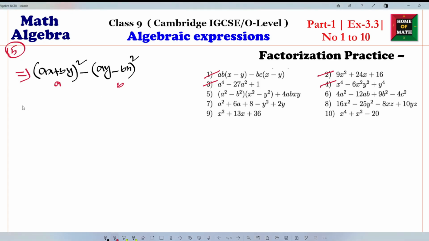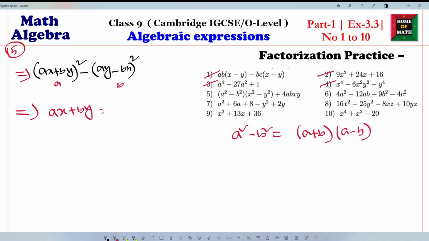Now this one we can write, we know a square minus b square means a plus b times a minus b. So here a is ax plus by, and then plus b means ay minus bx. This is a plus b, then a minus b.